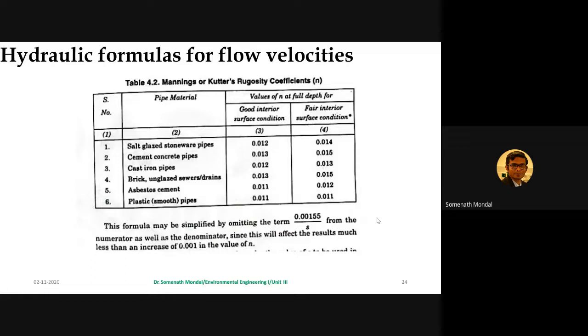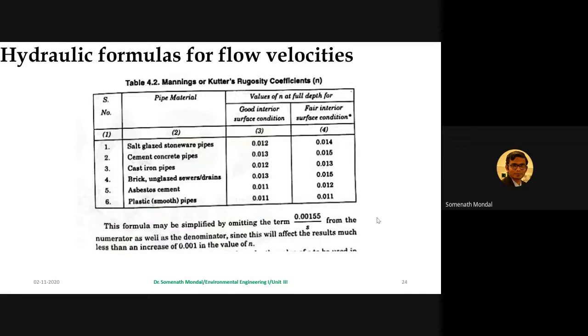Once you consider the value of n from this table, you will see that the influence of this particular term 0.00155 by s is negligible, like 0.001 in the overall value of n. That is why sometimes we can simplify this formula and use it after omitting the term 0.00155 by s.